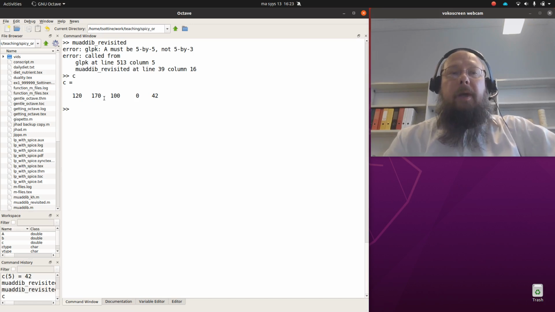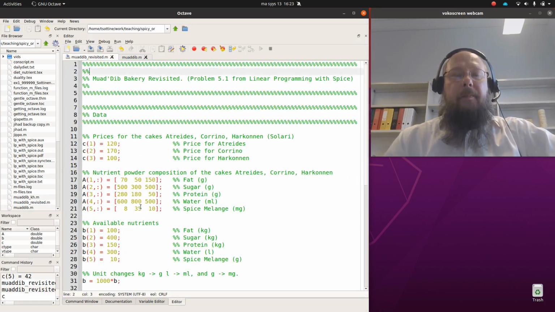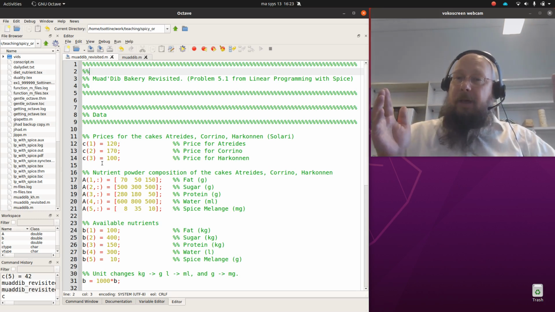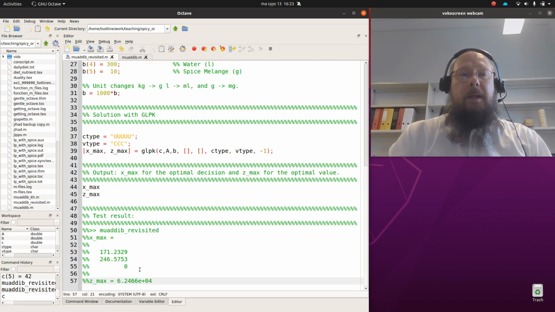So these first three are the ones given here, but I played around previously and I defined C5 to be something, so it extended the vector C, and now the dimensions in C, A and B are not correct.